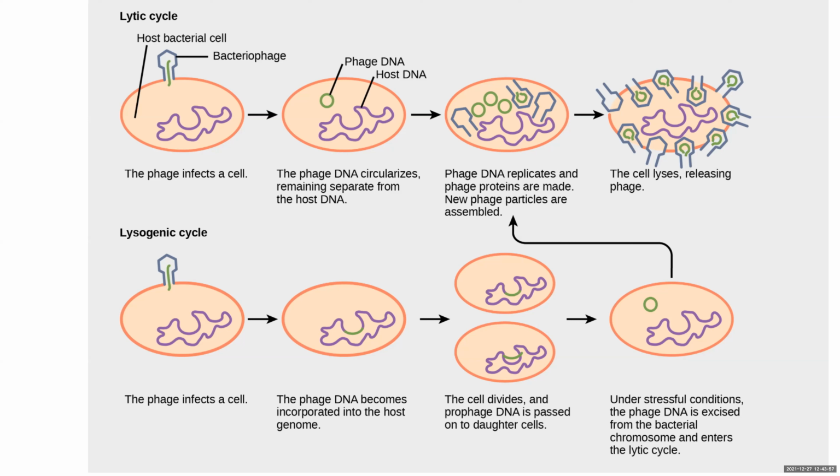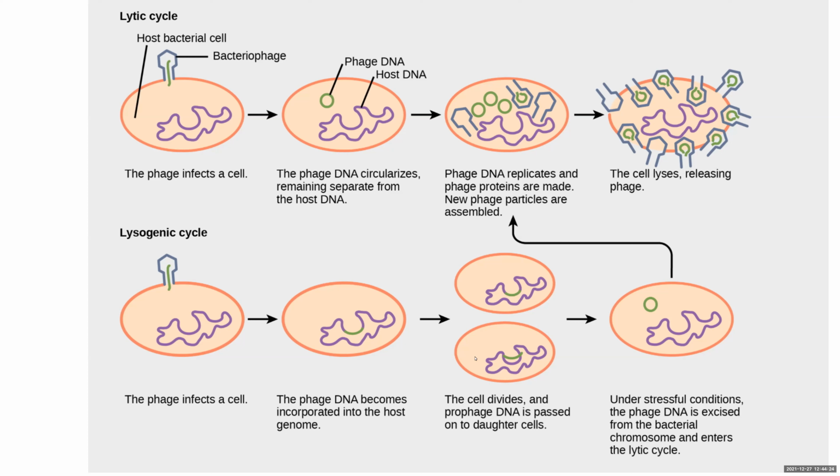It can also, however, depending on circumstances in the host, enter this other type of temporary hiding. It may go dormant, and that's called the Lysogenic Cycle. In the Lysogenic Cycle, it's going to incorporate the DNA into the bacterial genome. It's this little green tidbit in here.